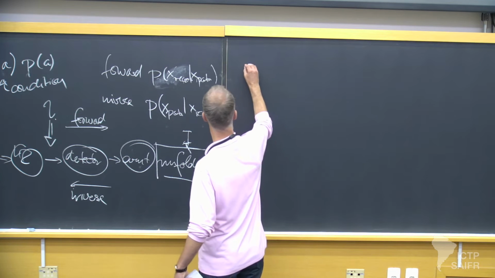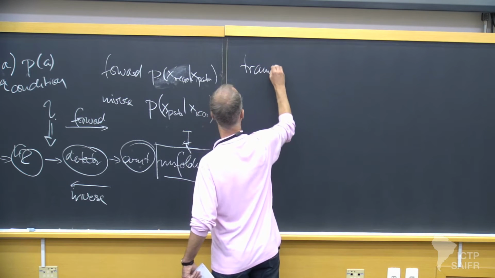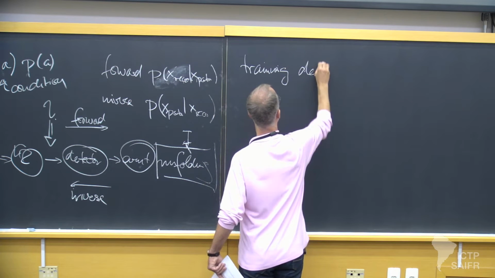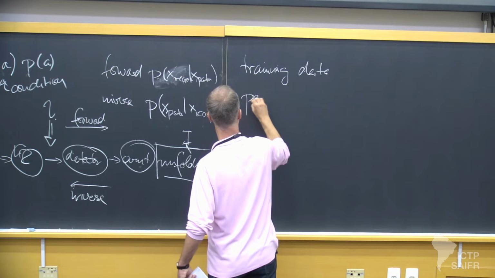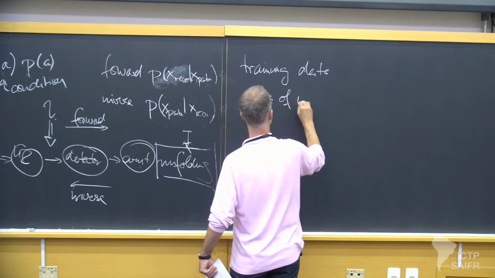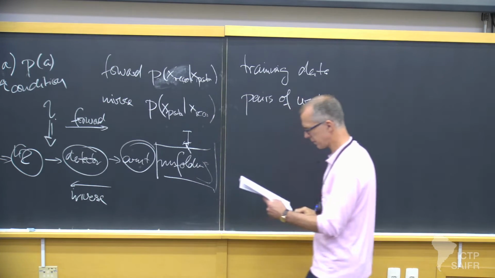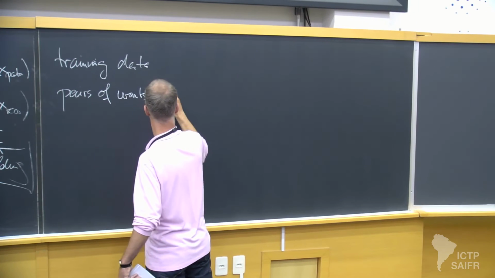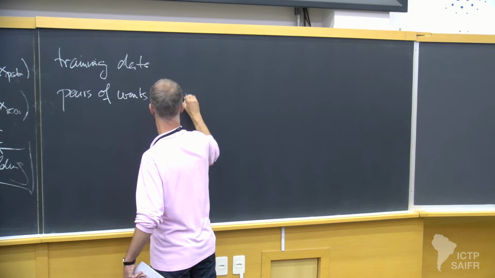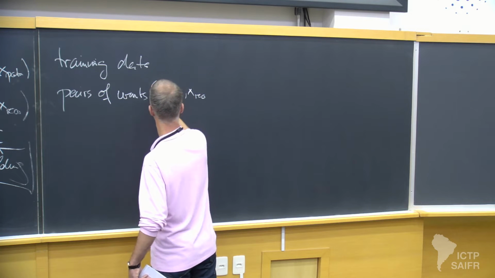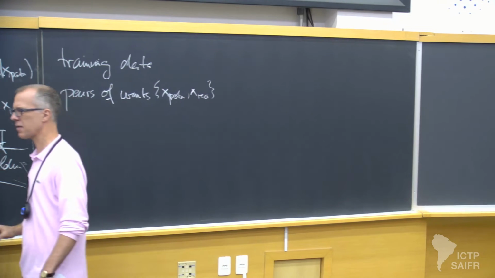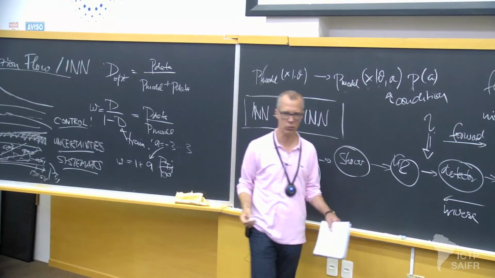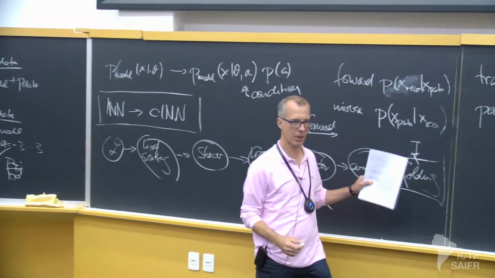So my training data, my training input, is pairs of events: x parton and x reco. This is how I generate these things. As I said, this is a stochastic generation, so I shouldn't expect to get more out of this than densities, but I have those, right?